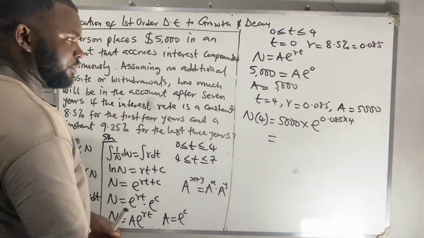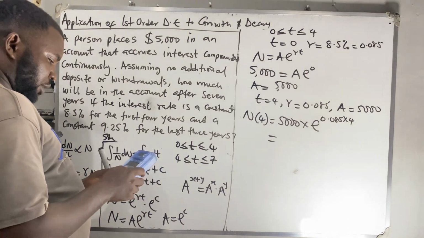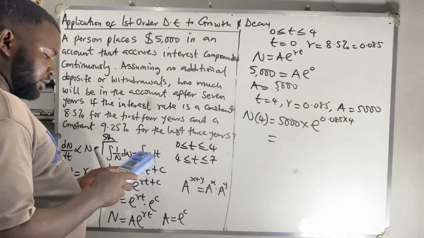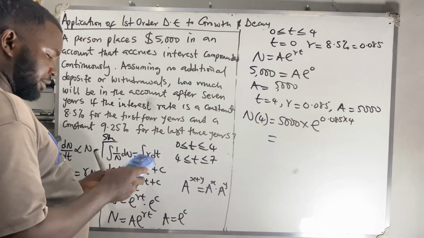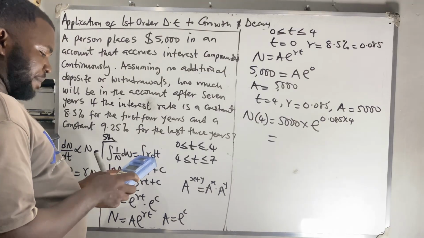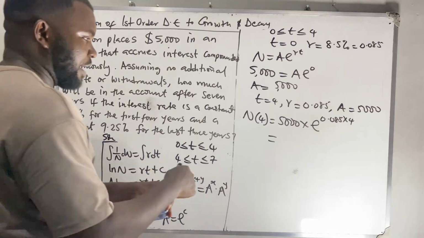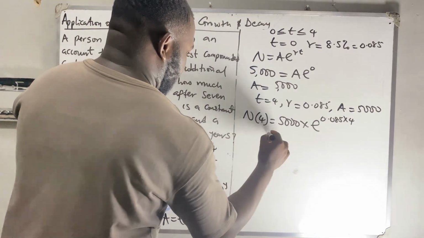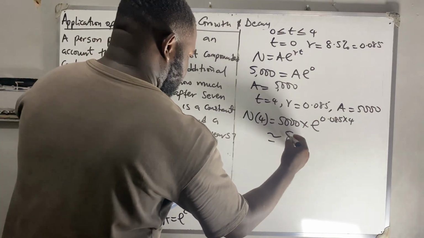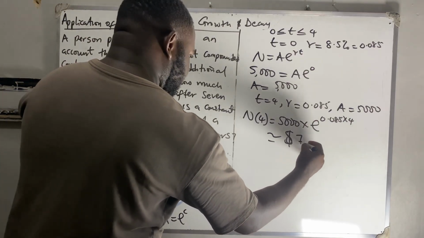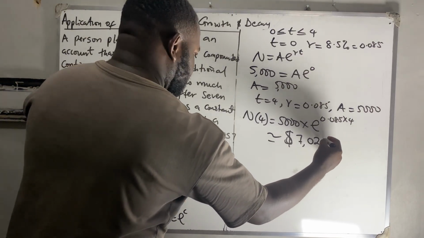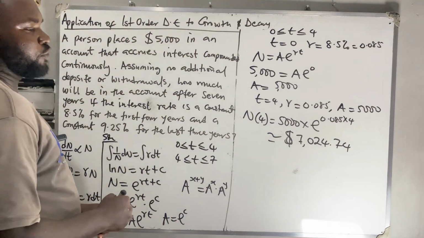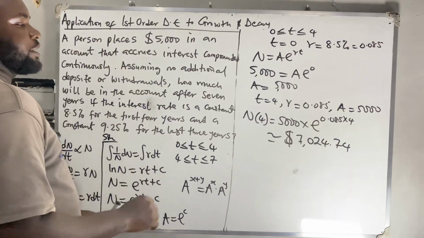If you multiply everything, 0.085 times 4, then take the exponential of the answer and multiply by 5,000, the money in the account is approximately $7,027.74. That is the amount in that account.